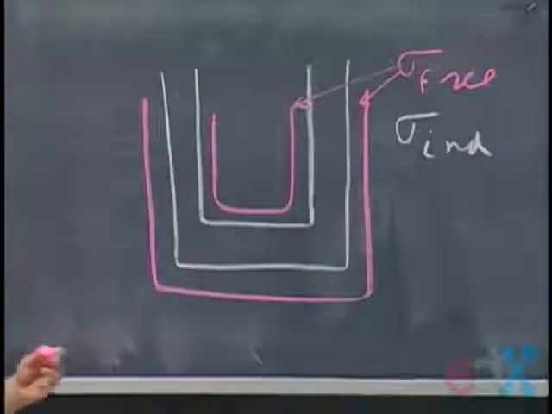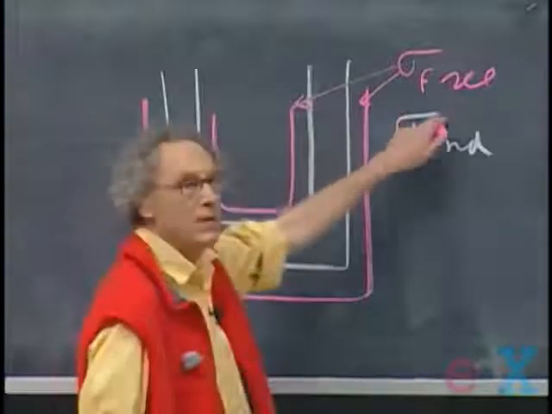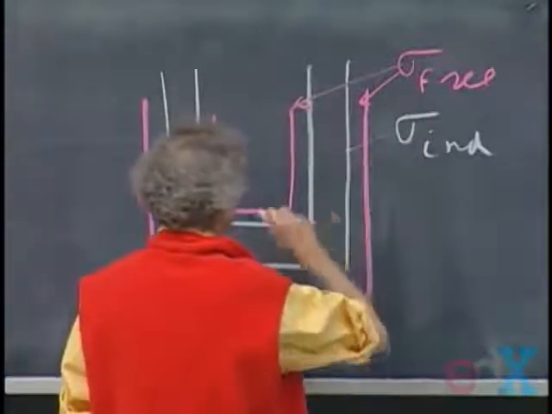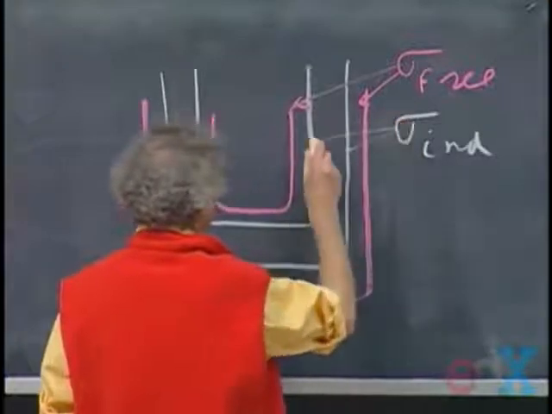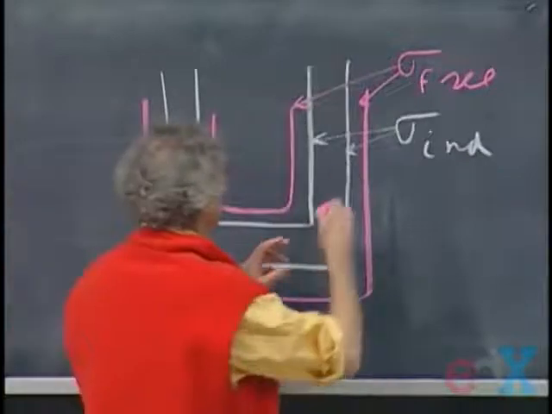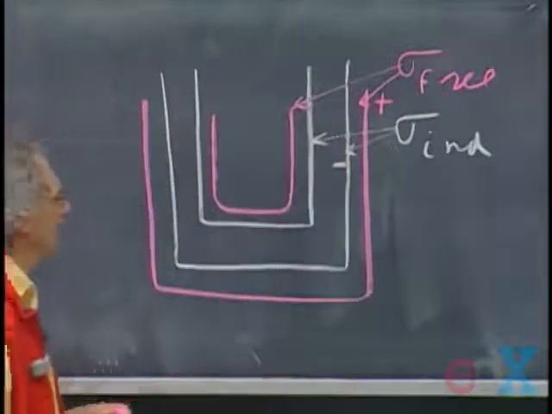Why do you get it? Because the dielectric sees an external field due to this sigma free. And so it begins to polarize, and so you get here induced charge, and you get there induced charge. If this side is positive, then the induced charge here will be negative, and vice versa.